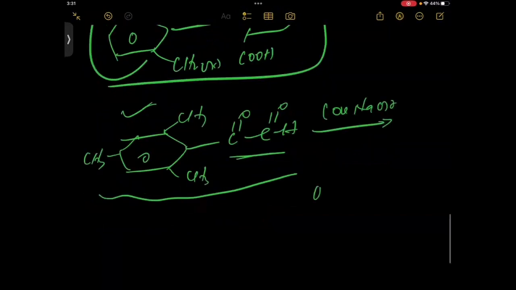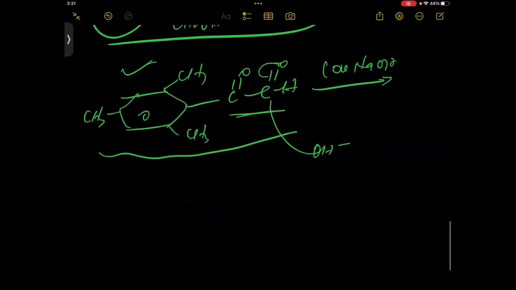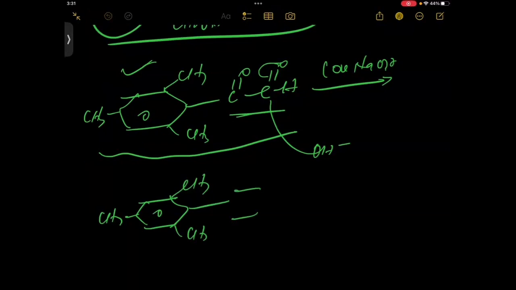Students, when we take the OH, because OH is there, OH will attack here, that will turn in that direction. So now CH3, and there is that, and what happened? C double bond O, CO negative, H and OH. Okay.